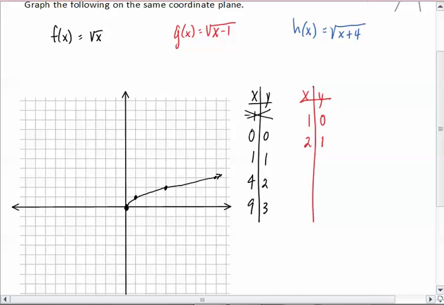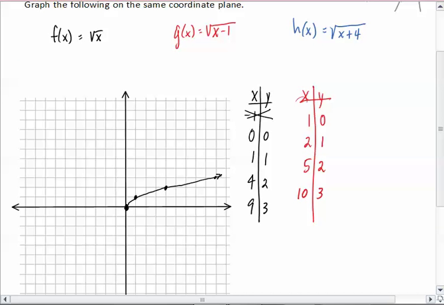That gets me to that same y value of 1. But what am I going to have to put in for the 4? Instead of 4, I'm going to have to put in a 5 just to get it to subtract 1 and be the square root of 4, which is a 2. And then I'm going to have to put in a 10 to get down to my 3.